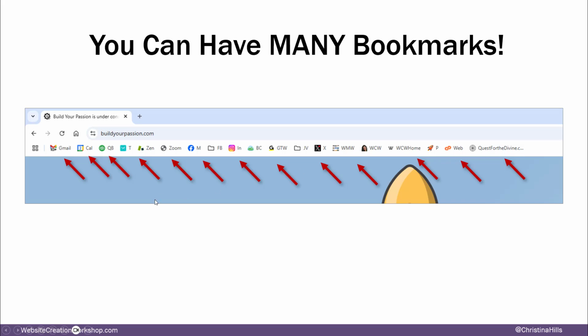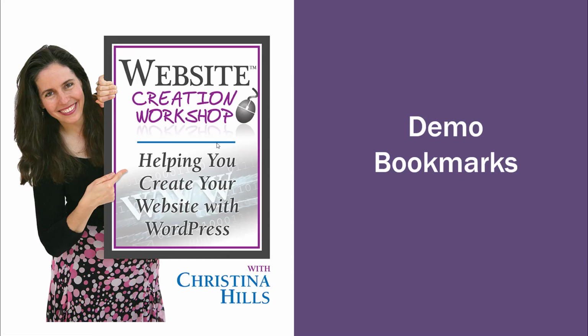And often what I do is I make a shortcut. So like this is Facebook Messenger, this is Instagram, this is GoToWebinar, so that I can have a lot of bookmarks in one place. So I am going to demo bookmarks. Once you start using bookmarks, boy, your productivity is really going to speed up.